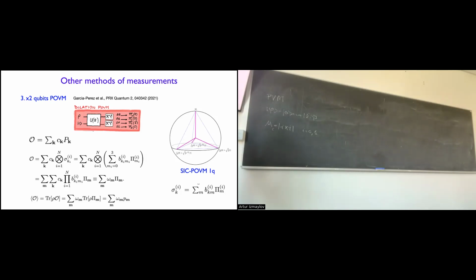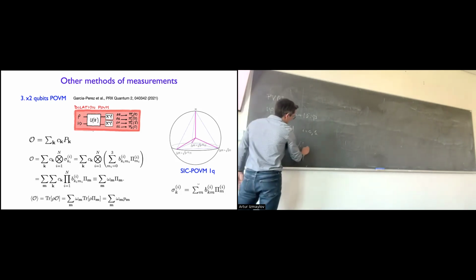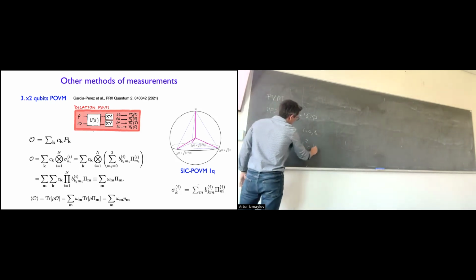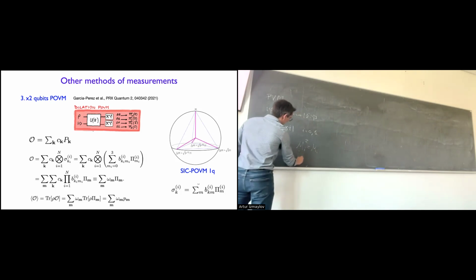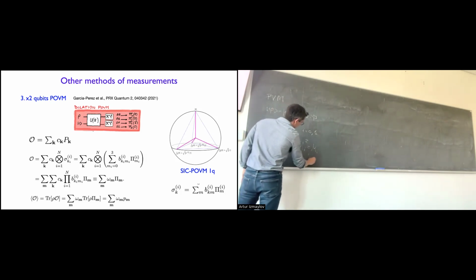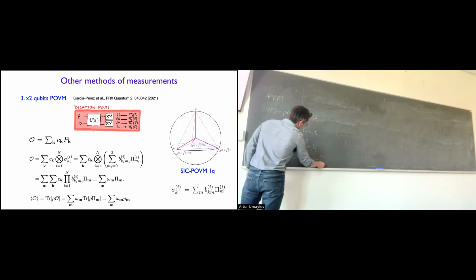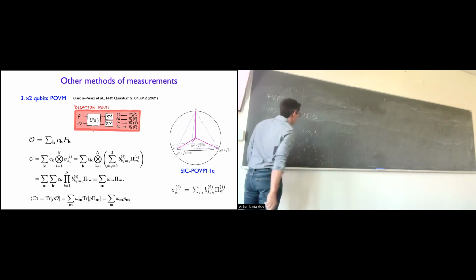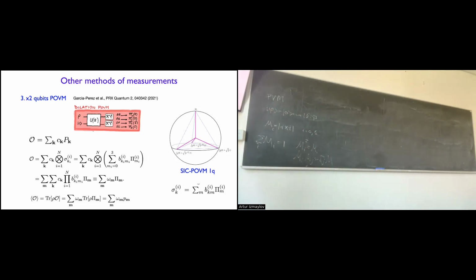These measurement operators sum to 1, and they are orthogonal projectors, meaning that Mi squared is Mi, and Mi Mj is delta ij Mi. So this is the normal projective measurement.